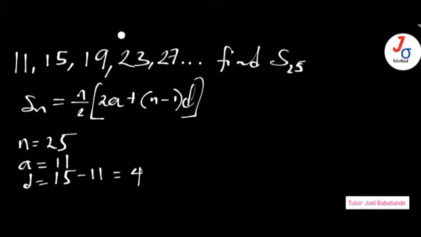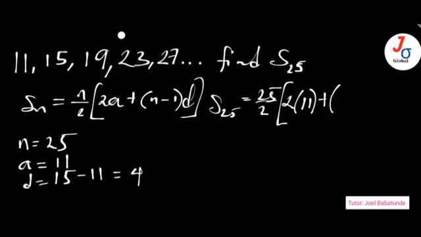Using this formula, S25 is going to be 25 over 2, then 2 times a, which is 11, plus (25 minus 1), then d, which is 4, and you close up the bracket.